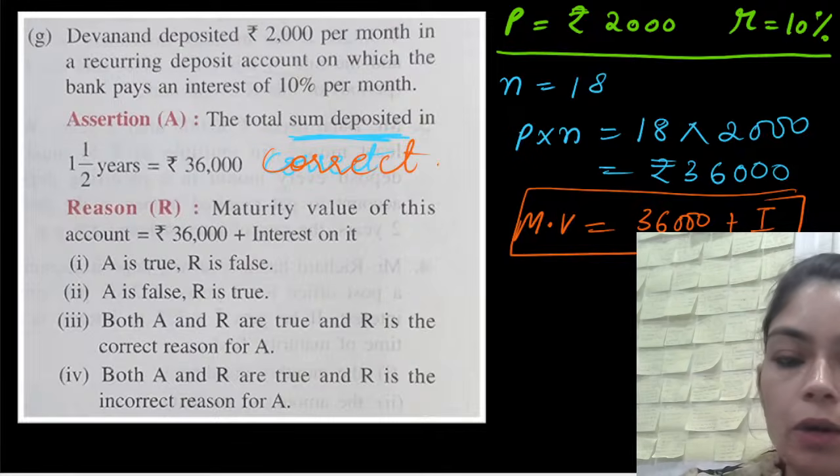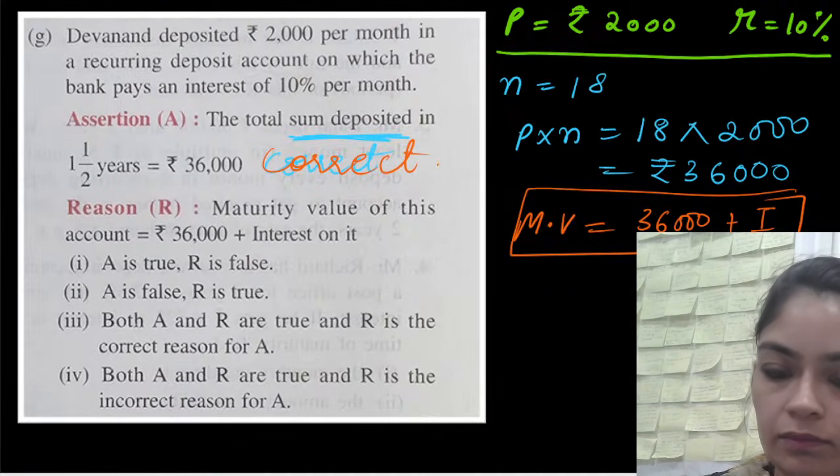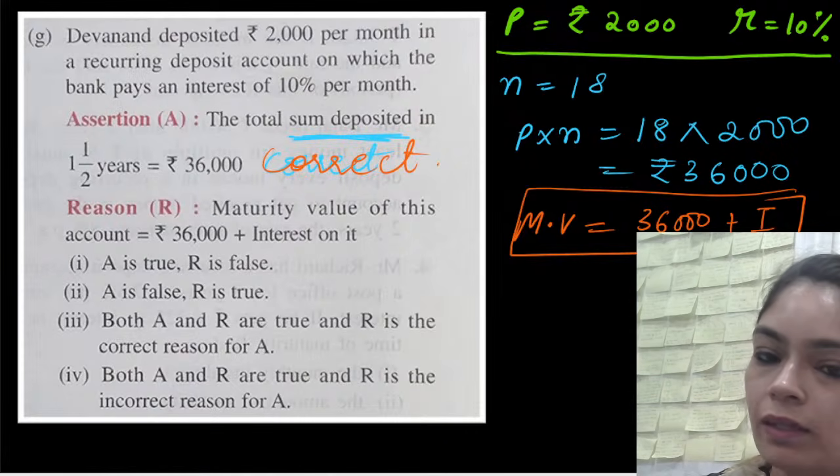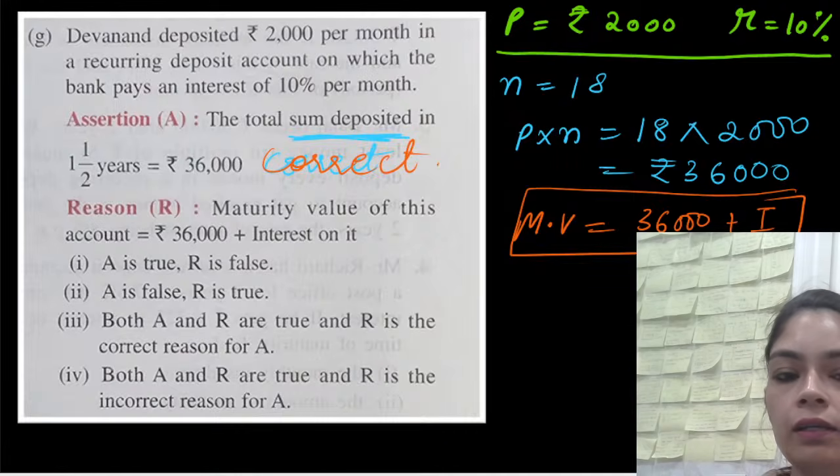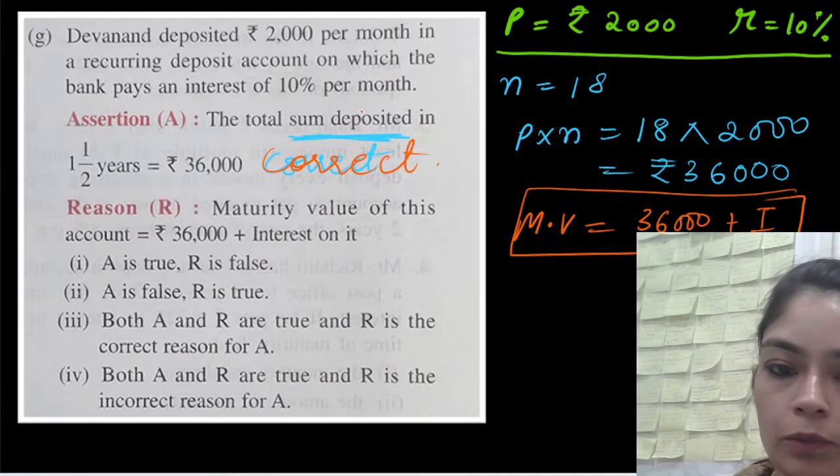So now tell me which option will be correct. Which option is correct here? Because again we see here both are true statements. First one is correct, second one also is correct.